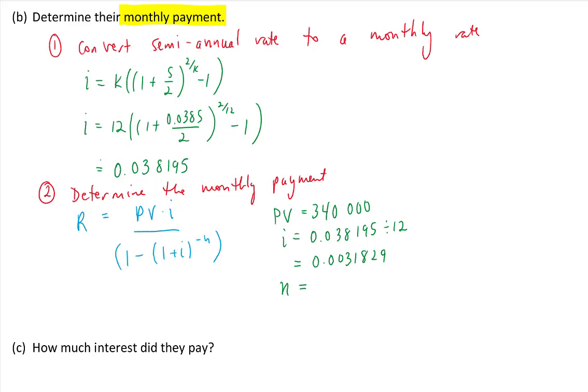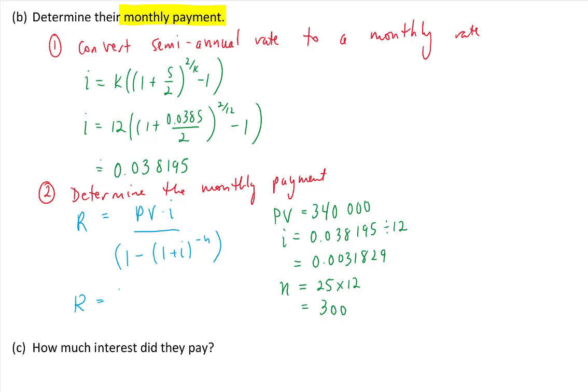Next, we determine n, the number of payments. Since we're making monthly payments for 25 years, we take 25 and multiply it by 12, and that gives us 300 monthly payments. And the next step is to sub all this in to our formula for our regular payment.